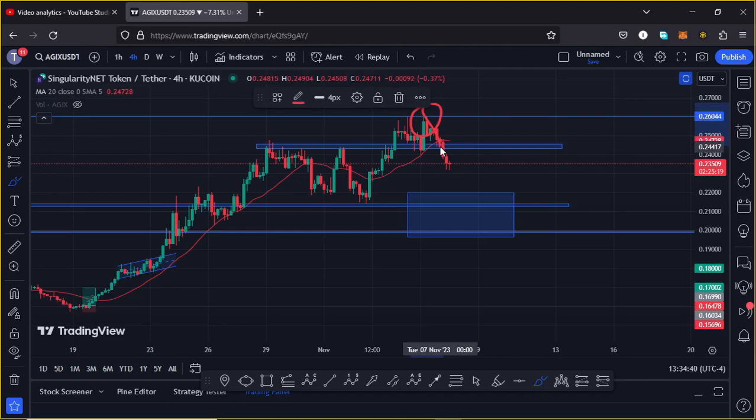And there are chances that in the next coming hours, if this continues, then we can continue heading further down into a target area that I will be sharing using the Fibonacci's.